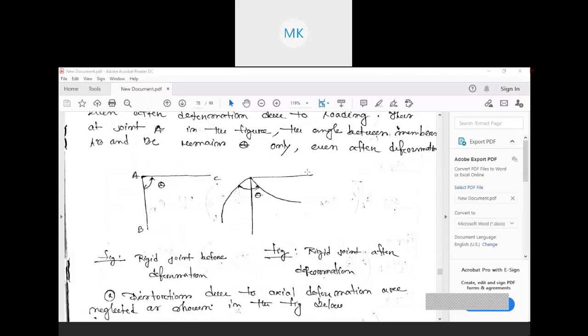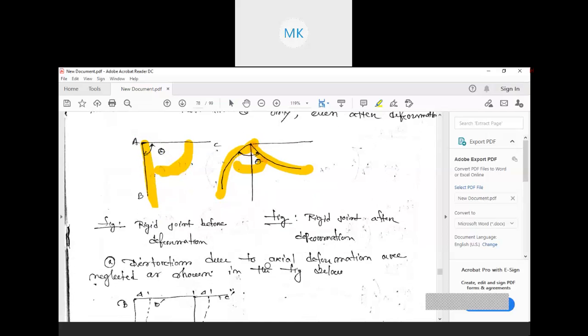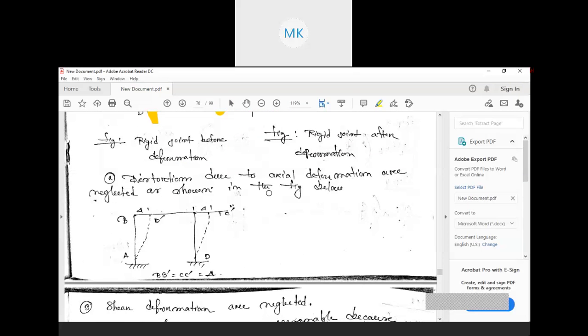If we allow deformation of the frame, as you can see in the next figure, the frame looks something like this, but the angle between the two members remains the same, that is theta.